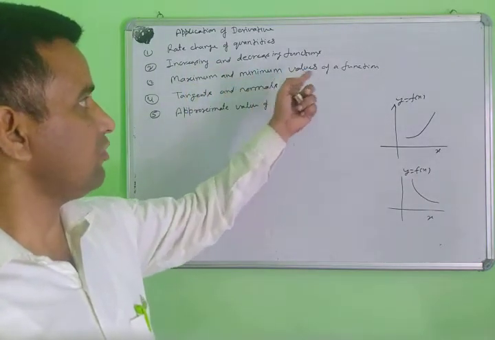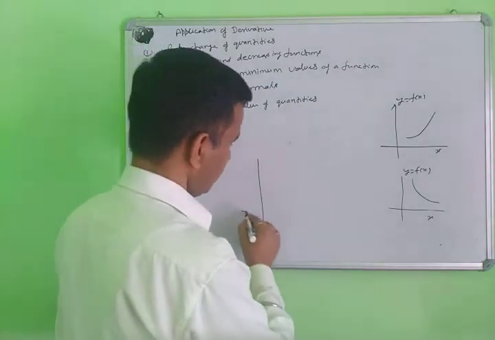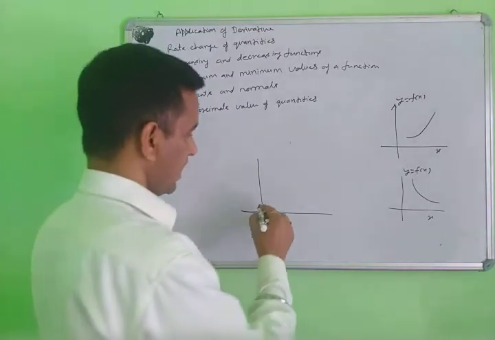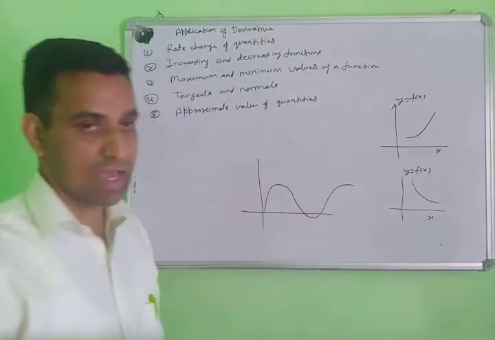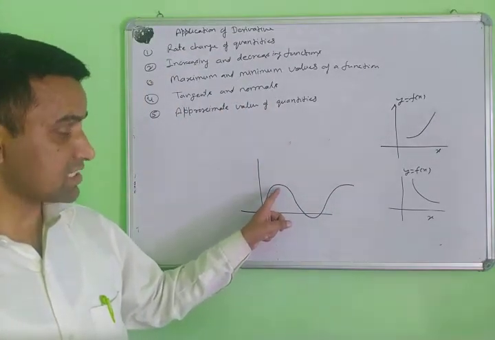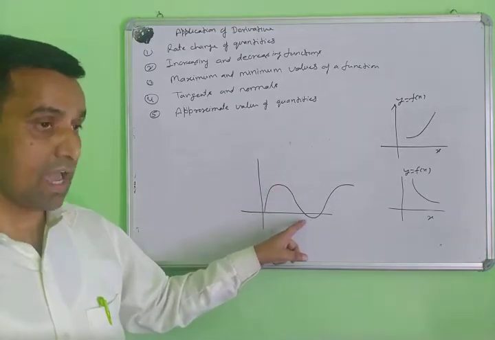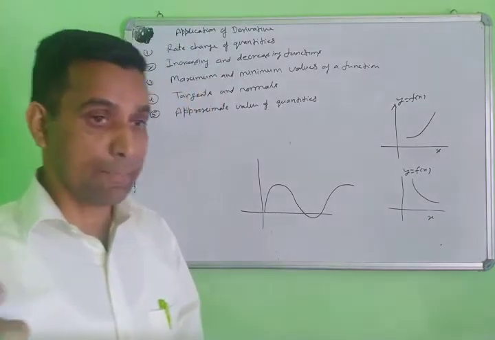Maxima and minima values of a function. Every function attains a maximum value at a certain point, and every function attains a minimum value at a particular point.